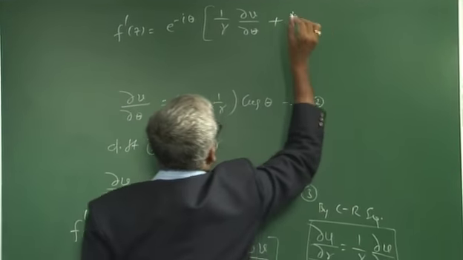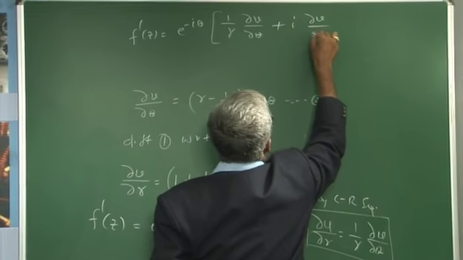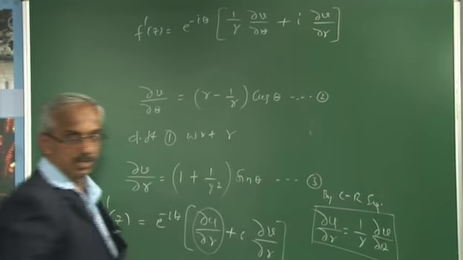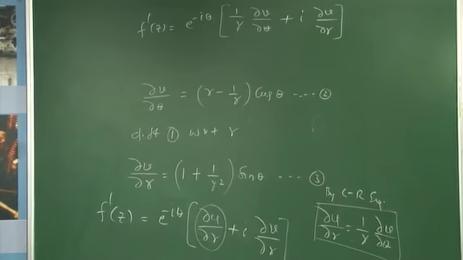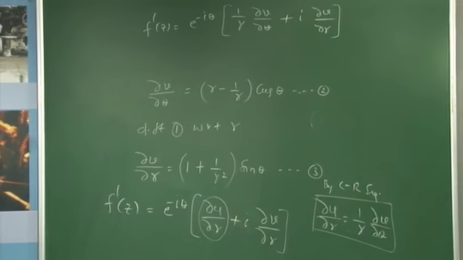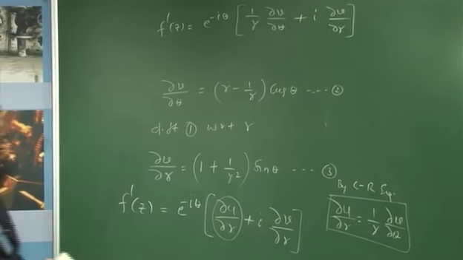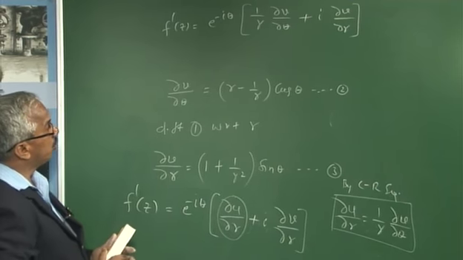plus i times ∂v/∂r. Now, e^(-iθ) times (1/r ∂v/∂theta plus i ∂v/∂r).